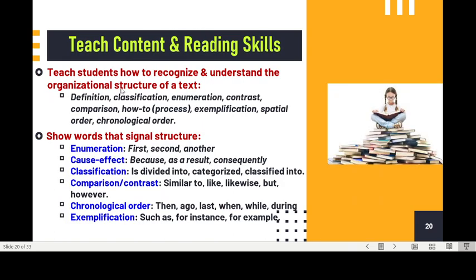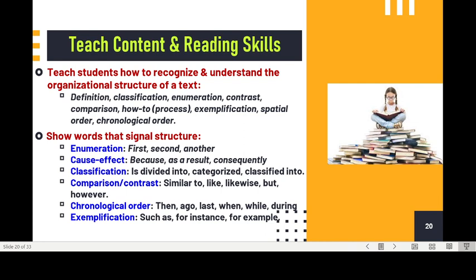Another important thing that we need to teach the students is how to recognize and understand the organizational structure of a text. In engineering, in chemistry, we have different types of paragraph and text organization. Some paragraphs define, some classify, some enumerate.